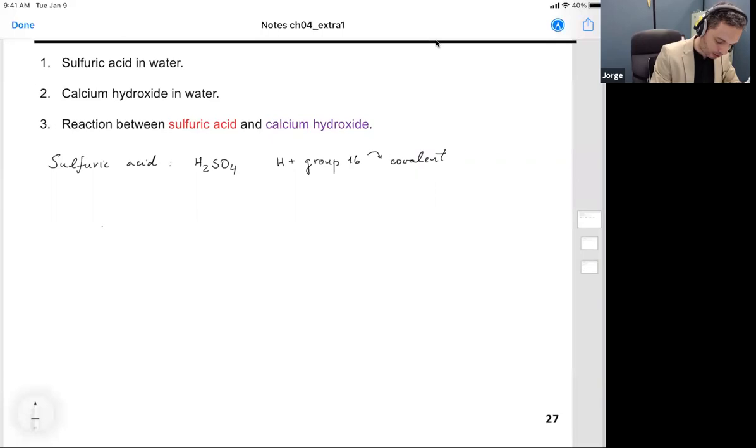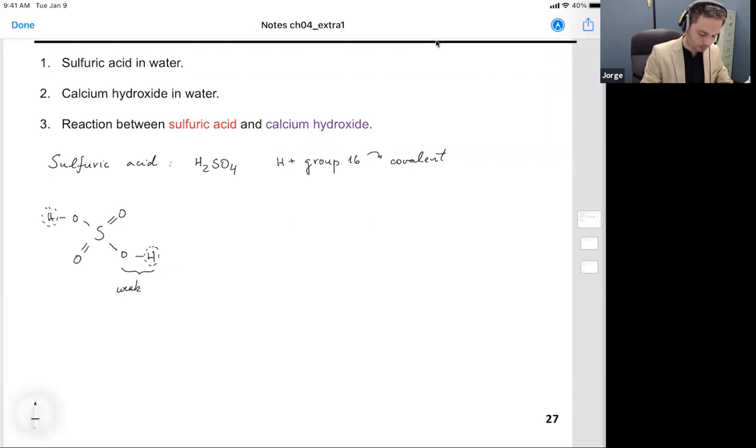It doesn't matter at this point, but the structural formula for sulfuric acid is the one that I'm writing here. Okay. And we see here that the two hydrogens are bonded to oxygen. And the fact that the hydrogen is bonded to oxygen makes this OH bond weak. Okay. Weak bonds may be broken by water.